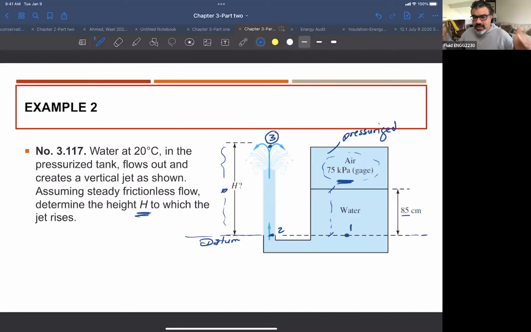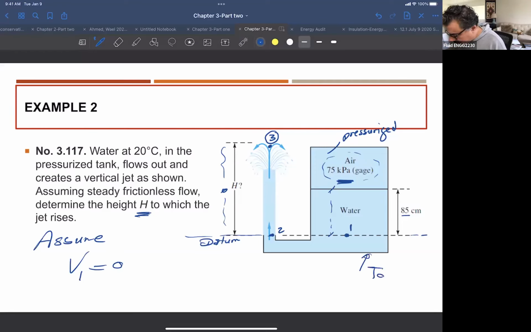But what we can say is there is some information about point 1, some information about point 2, and there is some relation between these two. The energy difference is 0 because it's a frictionless ideal flow. Can I say that V1 is equal to 0 or not? This is the tank, so V of the tank is 0.